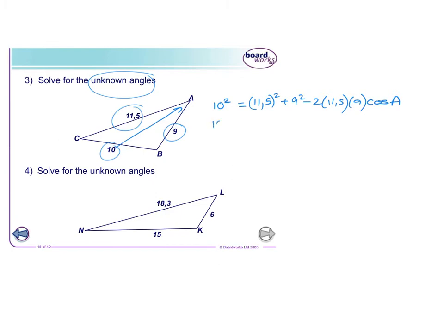Same thing as before, you can then just subtract and divide, always the same algebraic maneuver. Then in your calculator, shift cos of that fraction and you'll get angle A. And that gets you to 56,83.